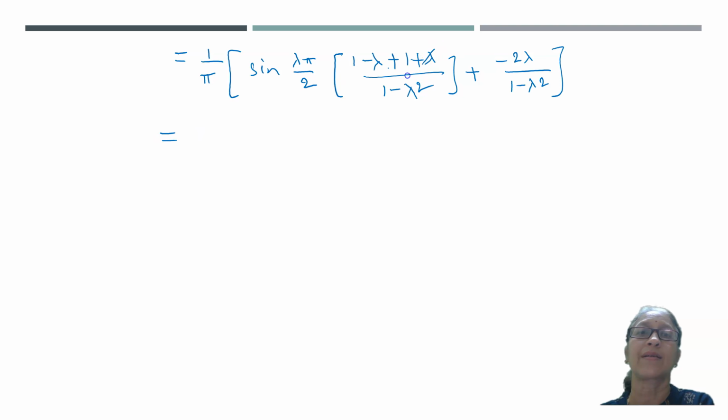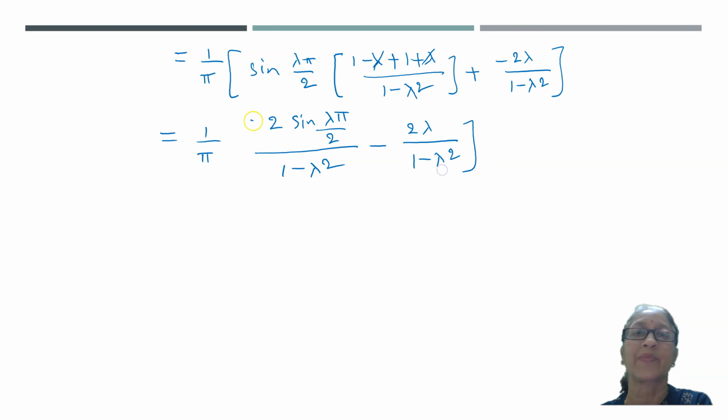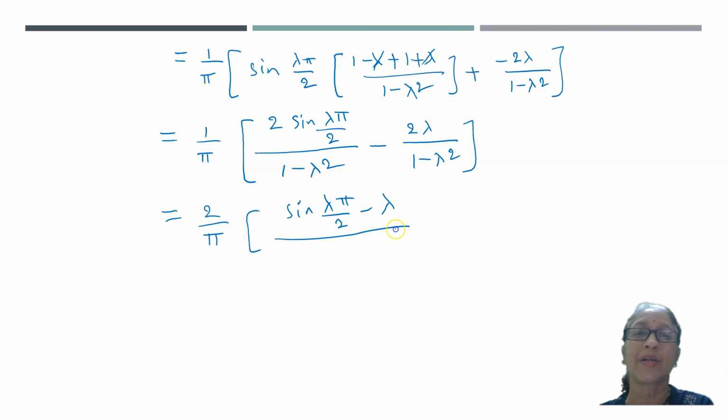That is 1 by pi, 2 sin lambda pi by 2 upon (1 minus lambda square) minus 2 lambda upon (1 minus lambda square). So if you take 2 outside, 2 by pi, sin lambda pi by 2 minus lambda upon (1 minus lambda square).